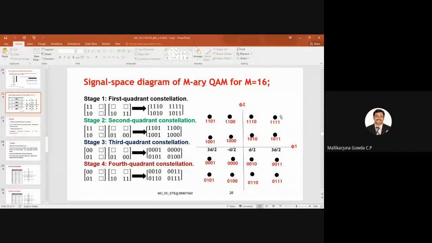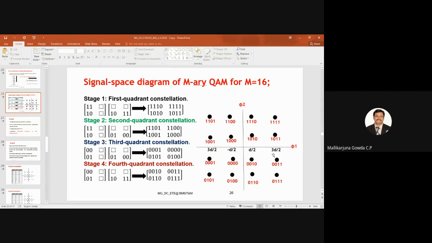I said, no, it is a square constellation. Here you can find one is the outer square and another is the inner square. I have given a clue: outer square and inner square.